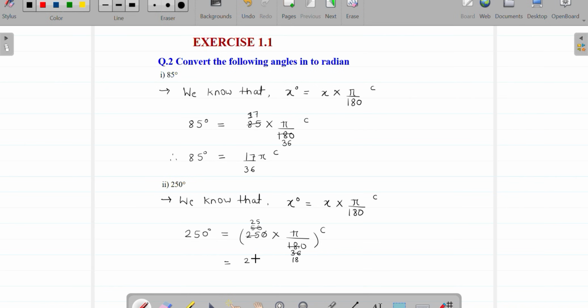So 25 pi upon 18 radian. So 250 degree, which is equals to 25 pi upon 18 radian.